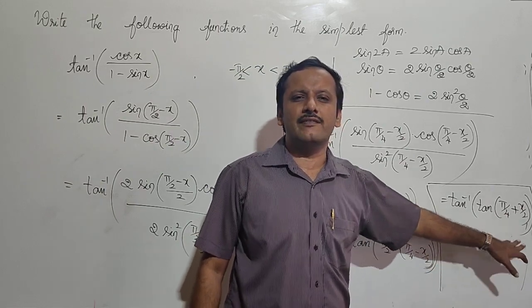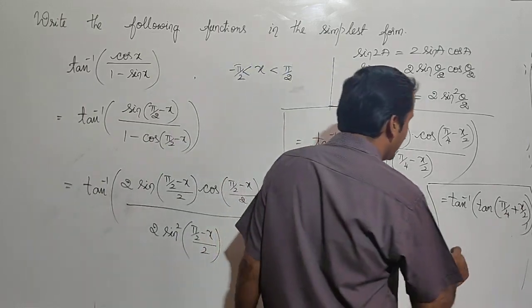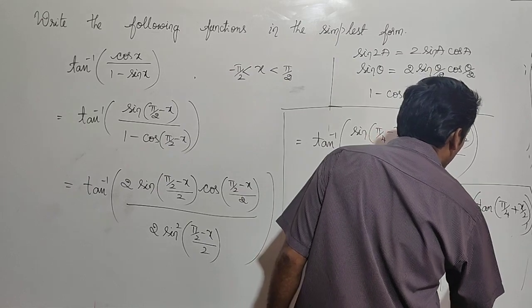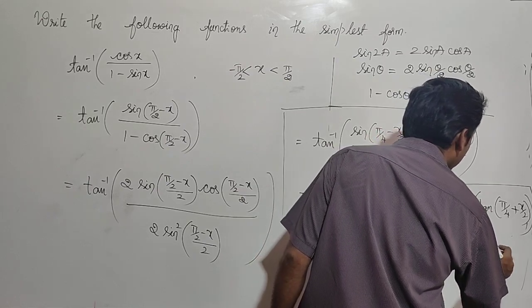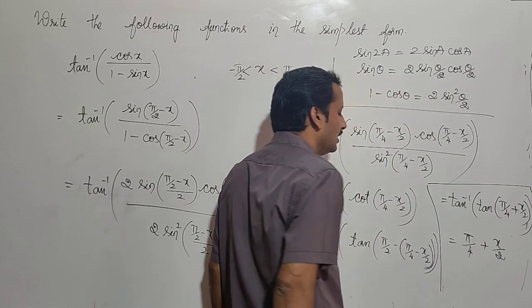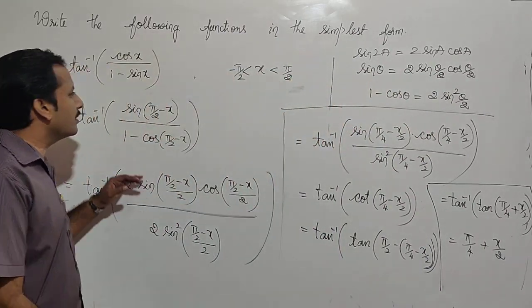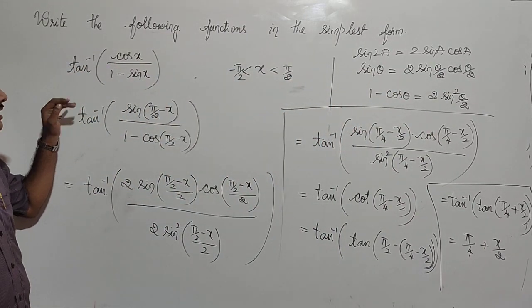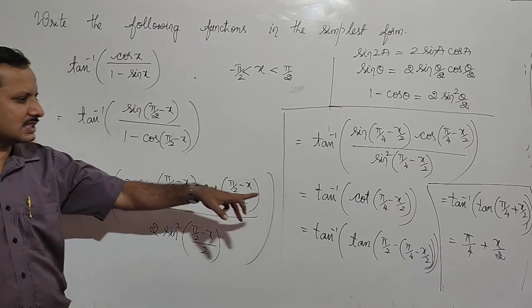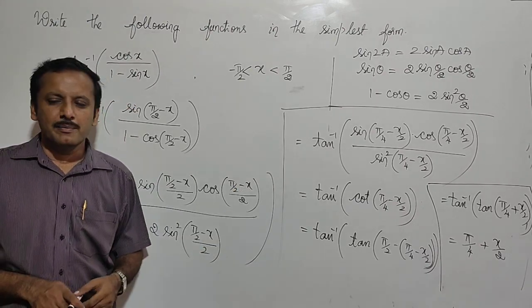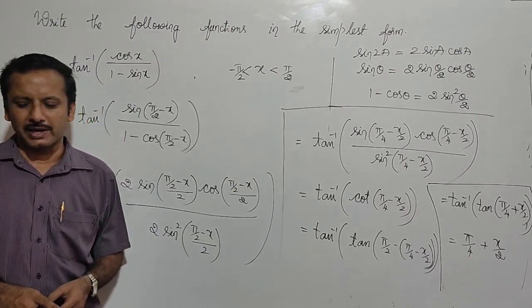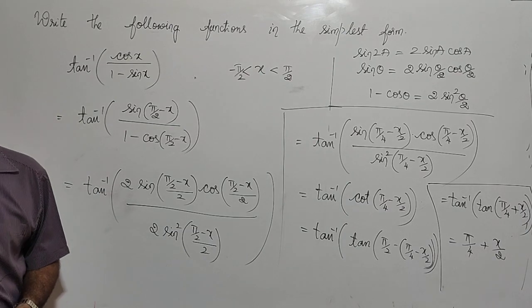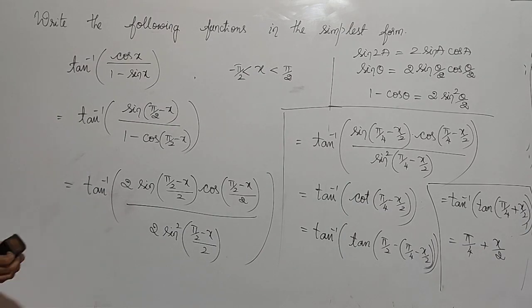Tan inverse of tan y is equal to y. So this is equal to pi by 4 plus x by 2. This is the simplest form of this expression, tan inverse of cos x by 1 minus sin x. So we have simplified it as pi by 4 plus x by 2. Okay. Let us look at the next question.